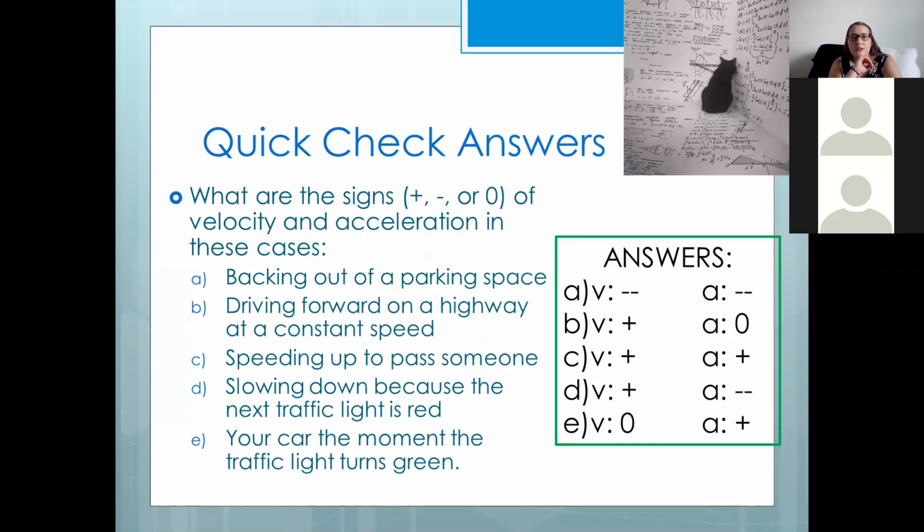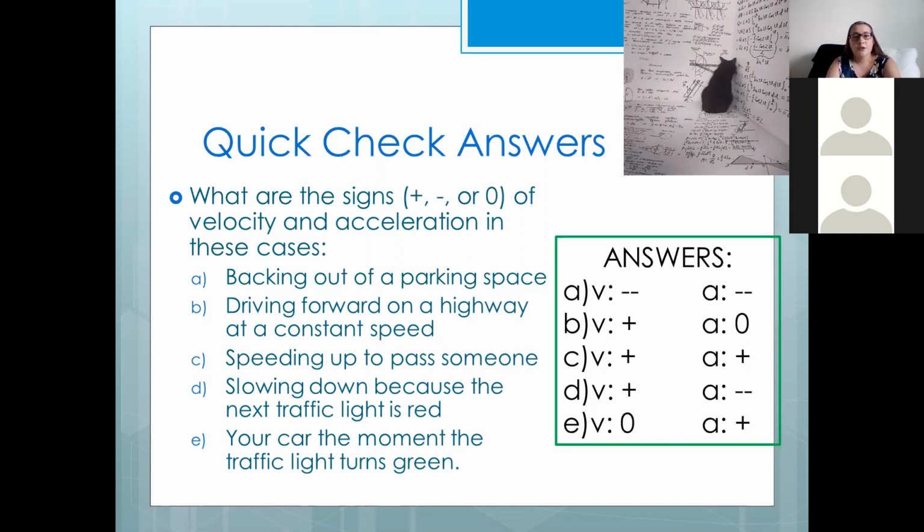The acceleration could go several ways depending on what part of your backing out you're thinking of. If you're thinking of at the beginning of the backing out while you're speeding up backwards, then your acceleration would also be negative. But if you're thinking, I'm almost done backing up, now I'm slowing down, then your acceleration would be positive in that case.